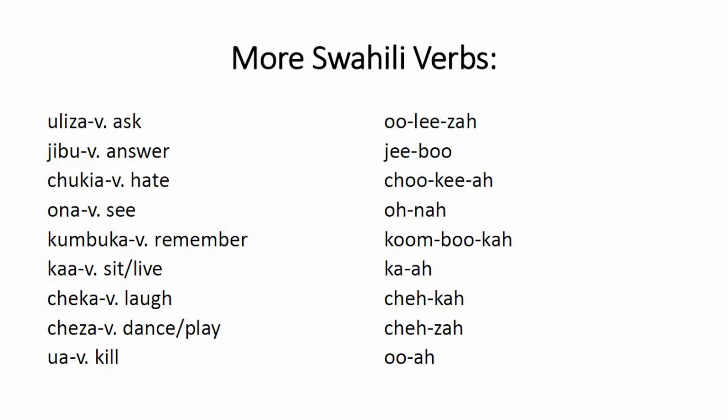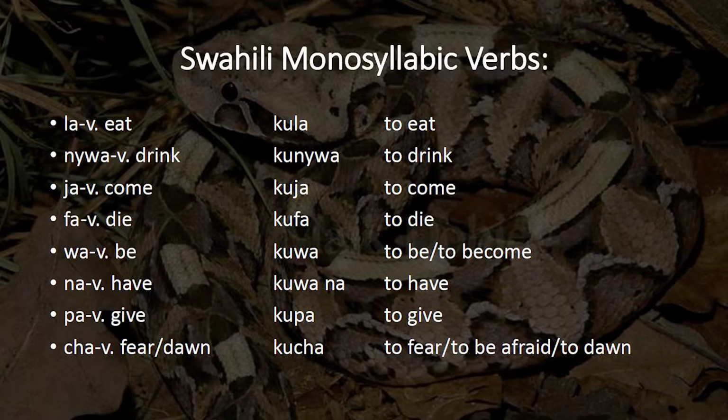Very good. Hopefully you got all those sounds down, those pronunciations correct. Now let's look at what is called the Swahili monosyllabic verb. First of all, you'll want to understand that a monosyllabic verb only has one syllable.